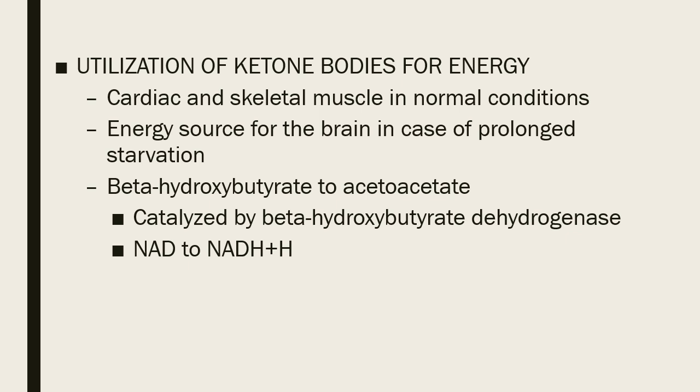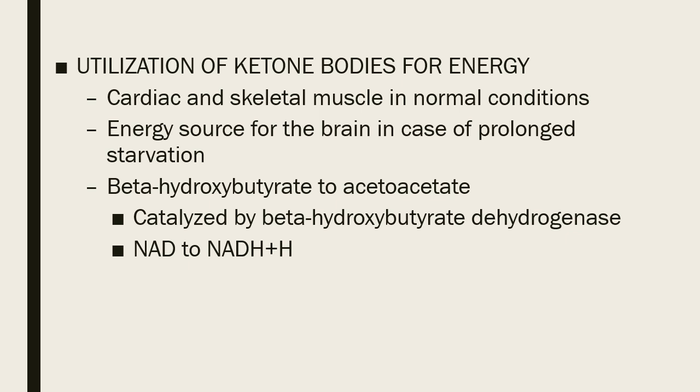Your beta-hydroxybutyrate is converted into acetoacetate. This is your ketone body, and it will be utilized to produce energy. The conversion of beta-hydroxybutyrate to acetoacetate is catalyzed by the enzyme beta-hydroxybutyrate dehydrogenase.